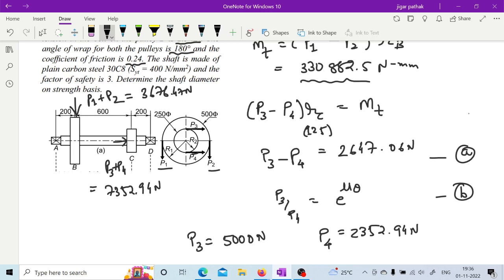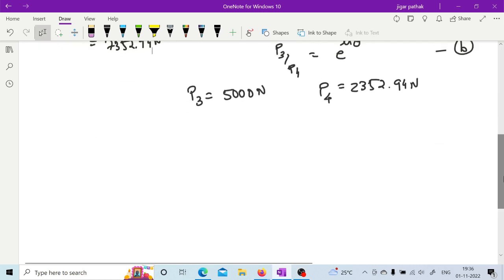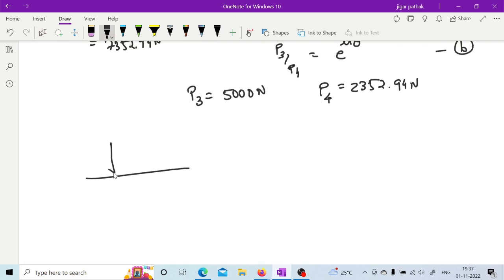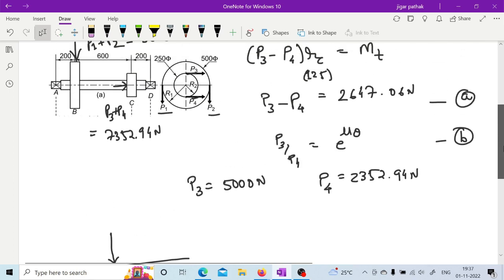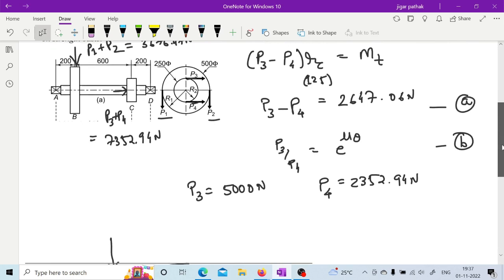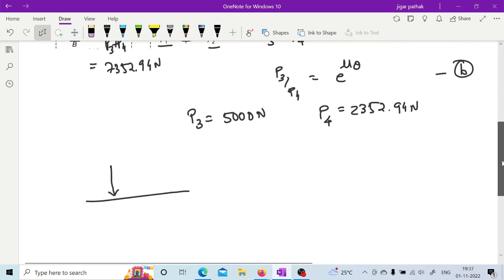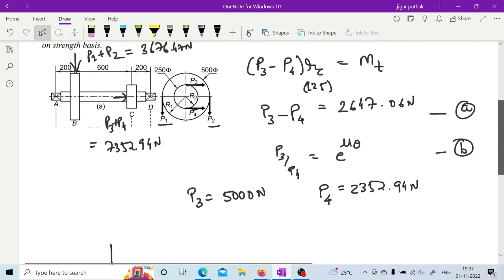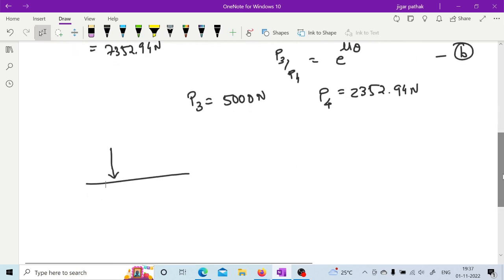Now the forces and the bending moment you need to calculate in vertical and horizontal planes, right? So you need to first make the diagram for vertical. This is the force acting at B, 200 from A and 800 from D, and it is 3676.47.